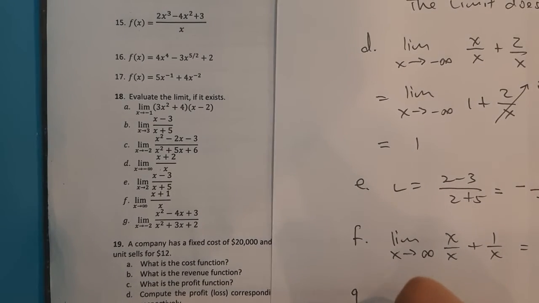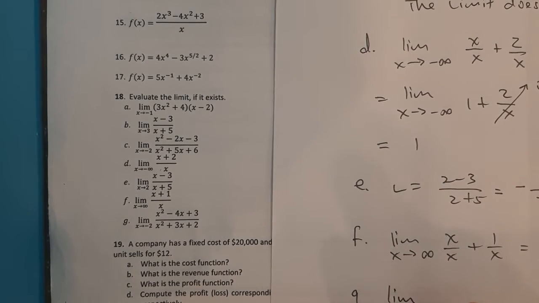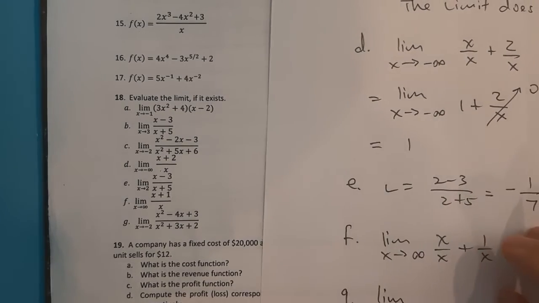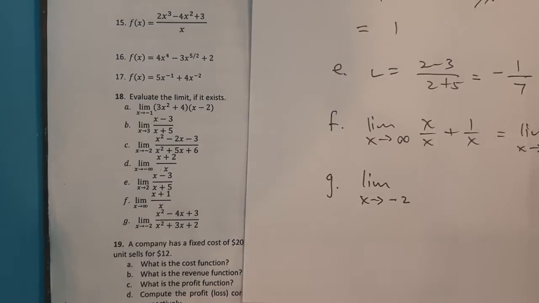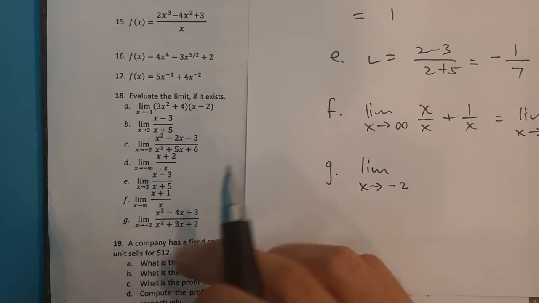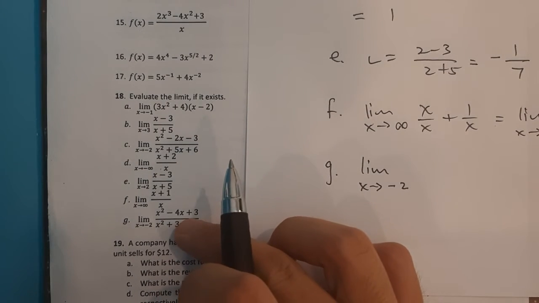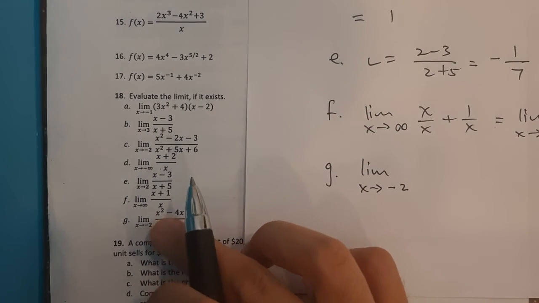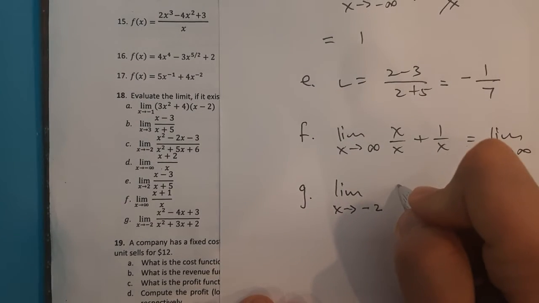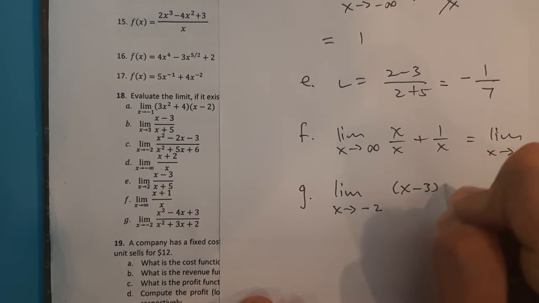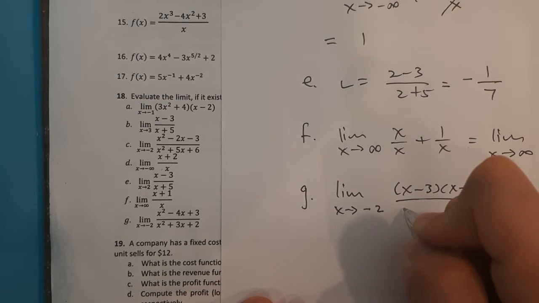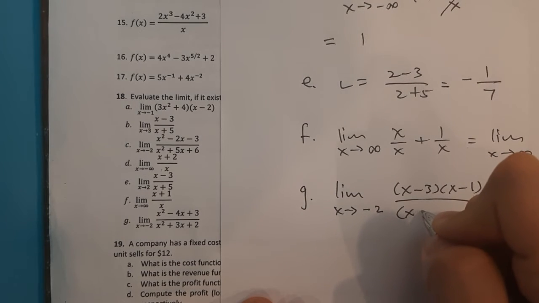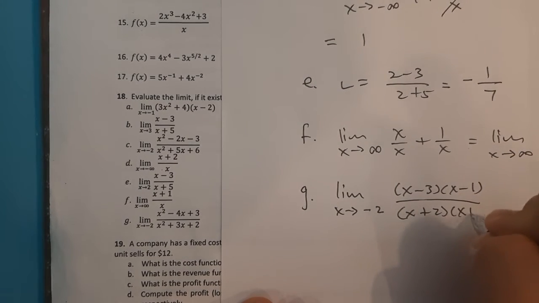Then letter G. Here we can try to split up the quadratic expression. We can factor it. So here we have (x minus 3)(x minus 1) divided by (x plus 2)(x plus 1).